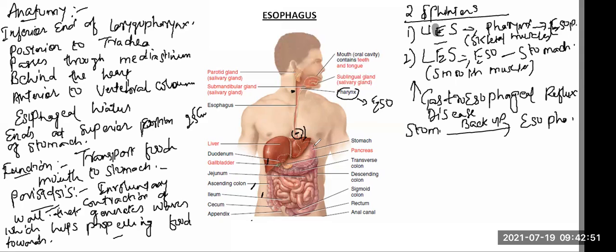So it feels like some burning sensation near your heart, but it doesn't indicate any cardiac problem or any problem related to the heart. This is what we call heartburn, and it is due to acid that refluxes or moves back into the esophagus. So just remember this. This is important.